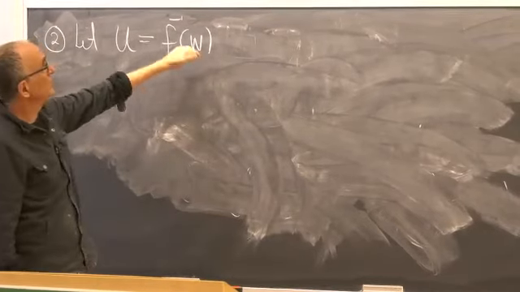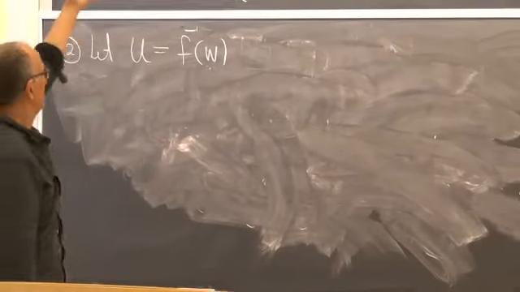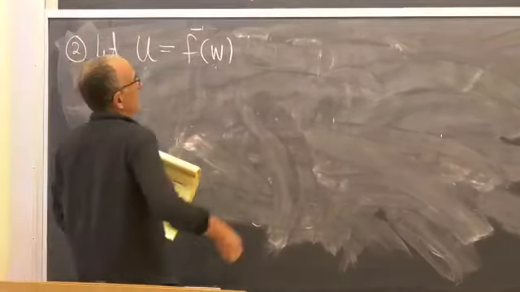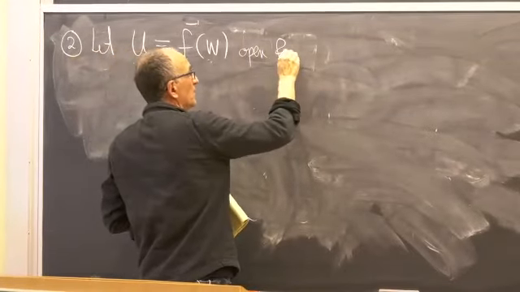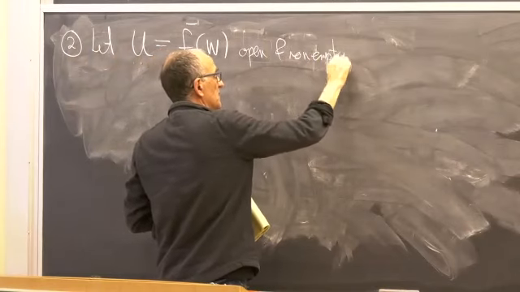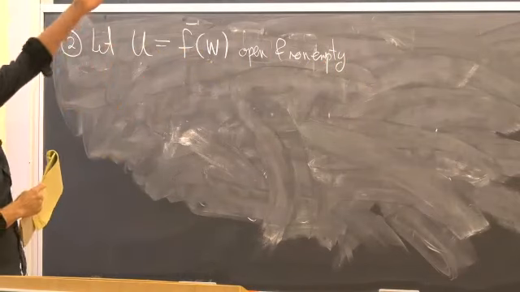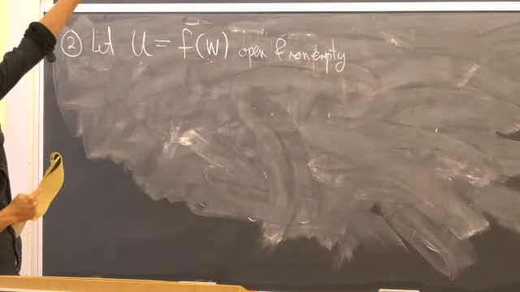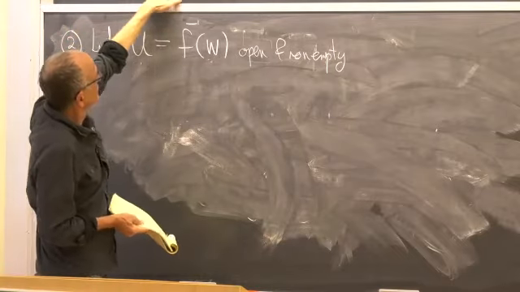W is open. We don't know, of course, that f is surjective on W at this point, but still, it's the pre-image of an open set. So this is open and non-empty because it contains Z0. Actually, there is no Z0, but it contains the pre-image of W0. Well, it contains the pre-image of that, which is an infinite set.